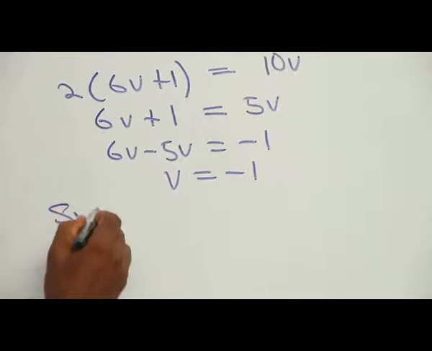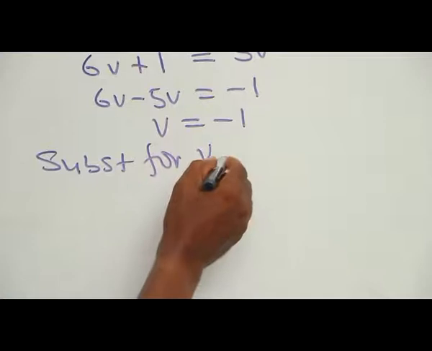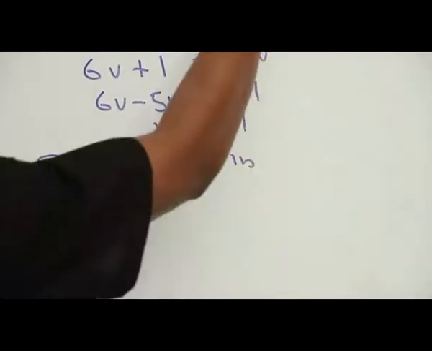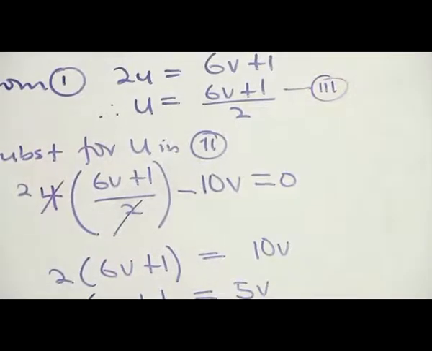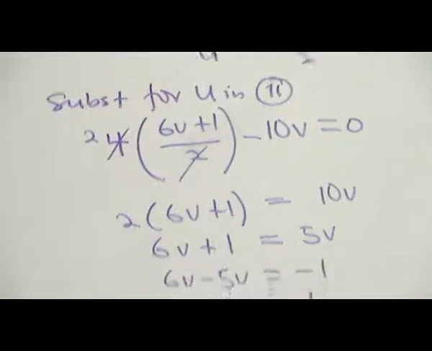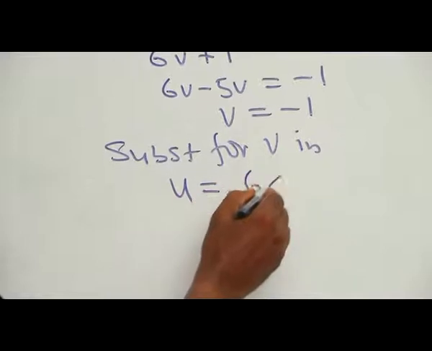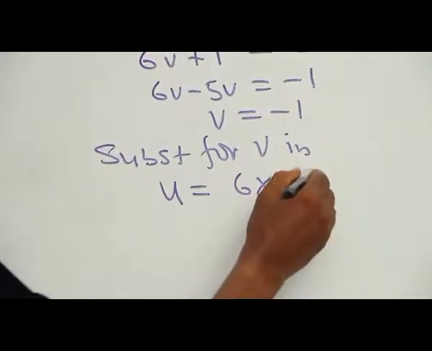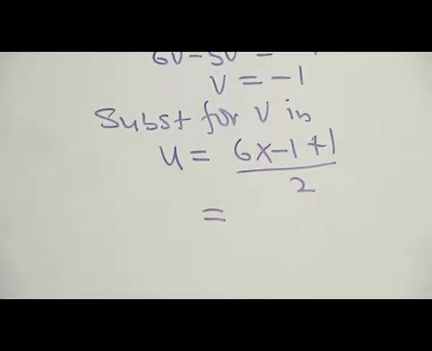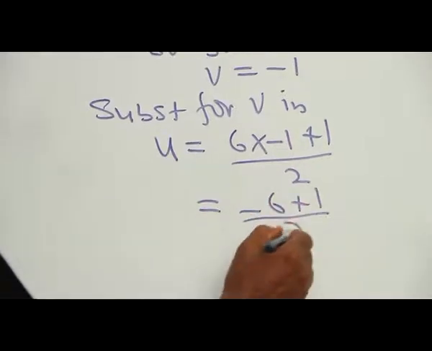You can now again substitute for V in equation 3, where we made U the subject of the equation. So we have U to be equal to 6 times minus 1 plus 1 all over 2. 6 times minus 1 is minus 6 plus 1 all over 2.